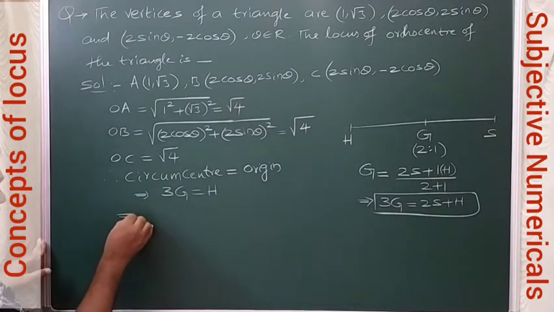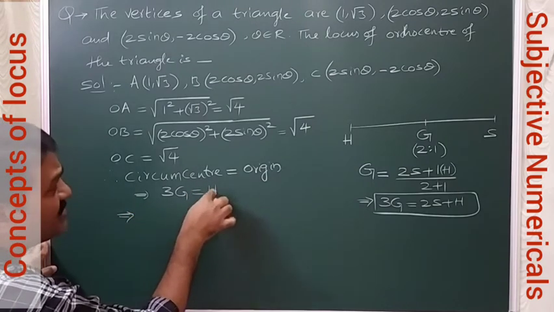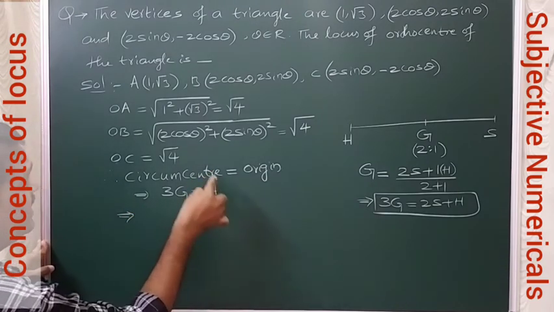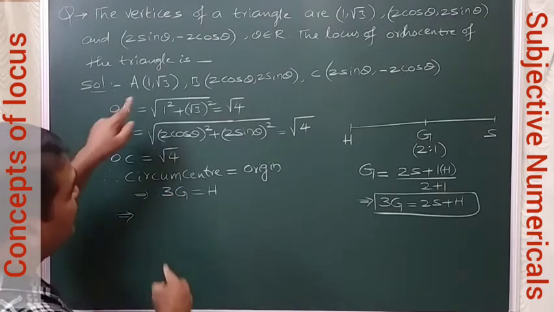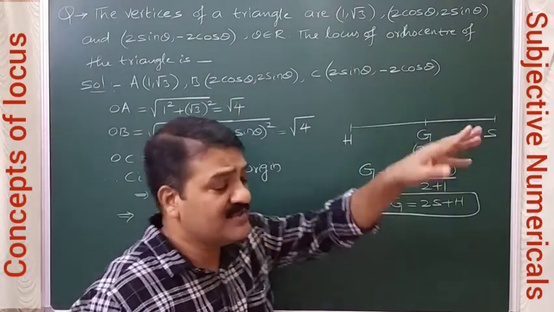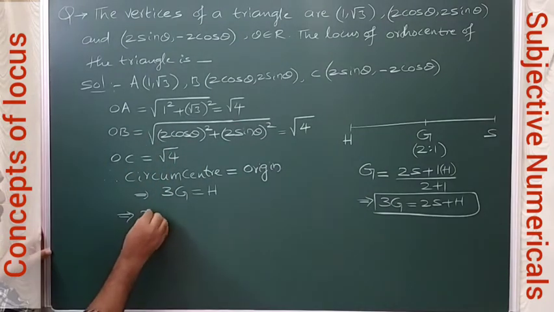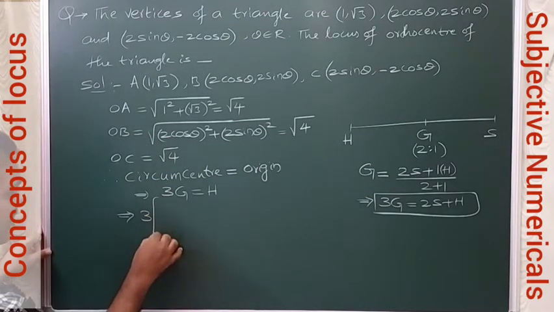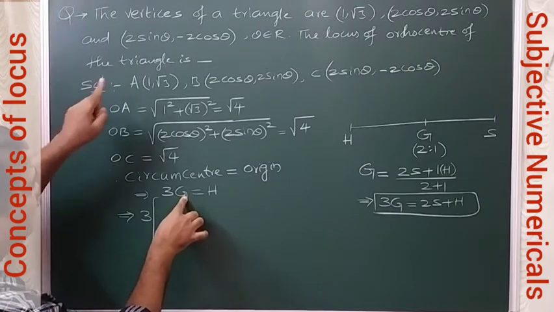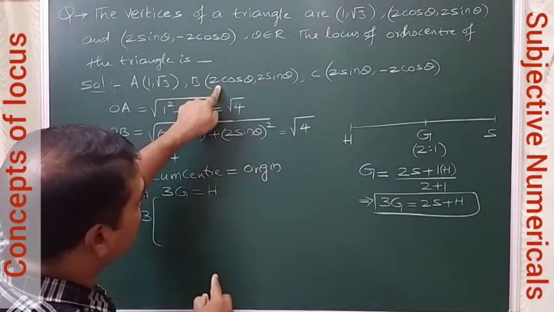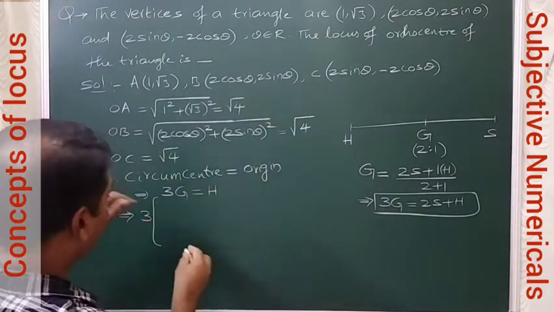So let us take this orthocenter as x comma y, and since vertices are given, we will find the centroid using the centroid formula. What is the centroid formula? (x1 plus x2 plus x3) by 3.